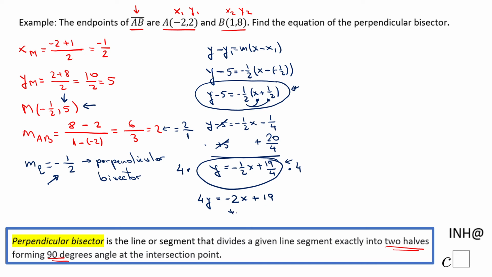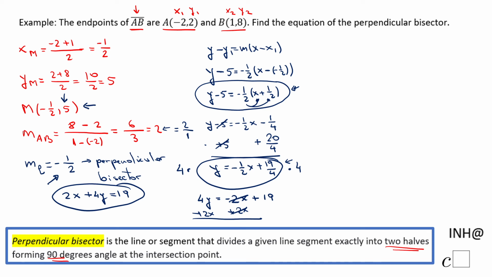Last thing, I'm going to add 2x on both sides. These two cancel out, and I'm going to have on the left 2x plus 4y equals 19. This is the standard form of the perpendicular bisector.